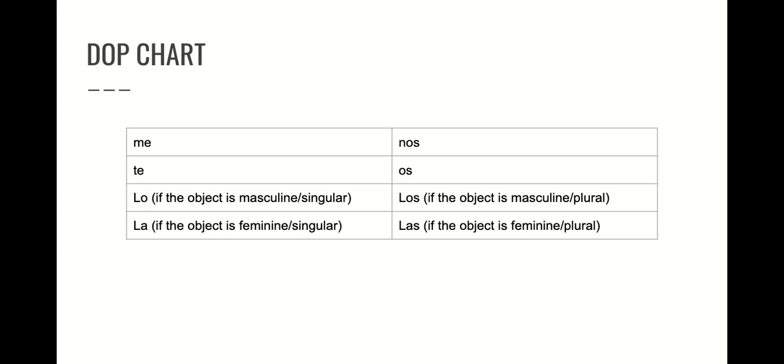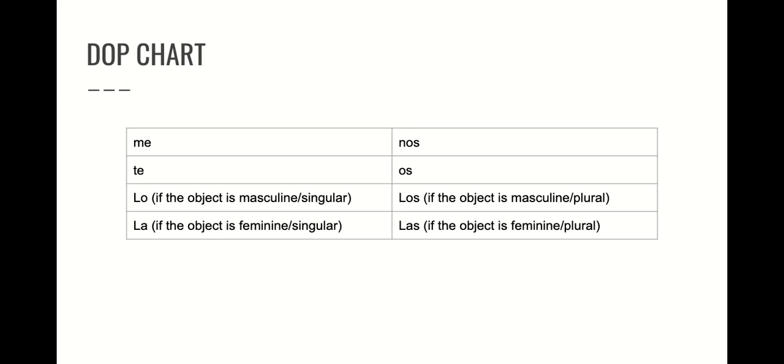Okay? So if it was Bill hits the ball, the ball is la pelota. It's super simple with DOPs because you just replace it with the one that matches it. La pelota, la is already there. You replace it with la. So if the object is masculine and singular, you replace it with lo. So that's going to be el anything, like el pan or el bolígrafo, you would replace that with lo.